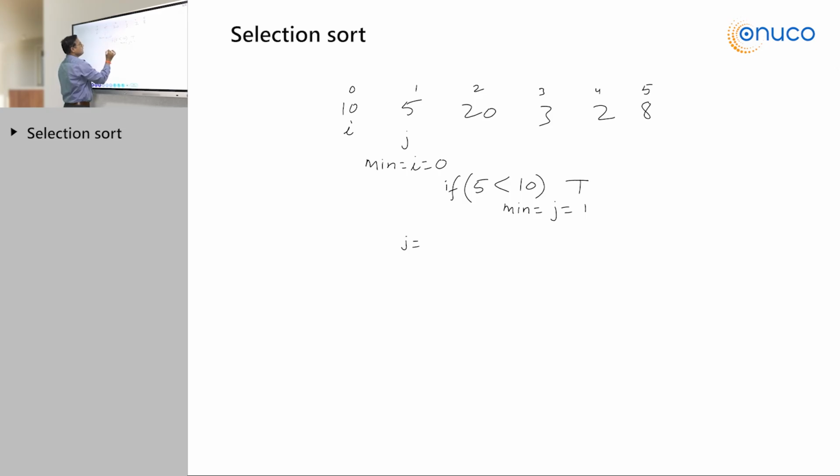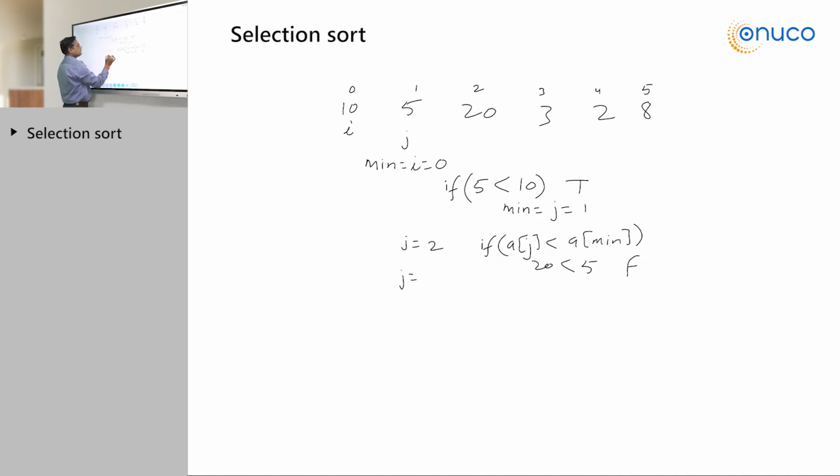So the new j value is 2, and you are going to compare the same thing again, whether A of j is lesser than A of min or not. Look, A of j, A of 2 is 20, lesser than A of min, A of 1 is 5? Is it true? No, it is false. It means we are not going to assign the value, right? 20 is not lesser than 5. So even in the failure case, j will increase.